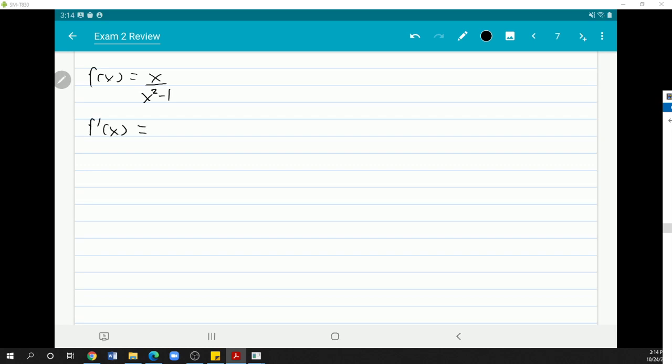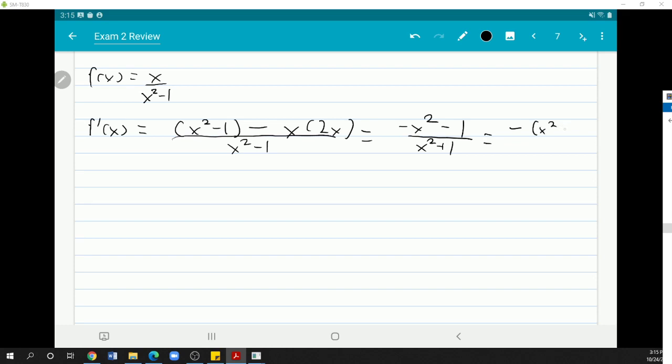So f prime of x is going to be low d high, x squared minus 1, minus high d low, which is x times 2x, over x squared minus 1, which is x squared minus 2x squared, so minus x squared minus 1 over x squared plus 1, or I'm just going to put this minus out, x squared plus 1 over x squared minus 1.